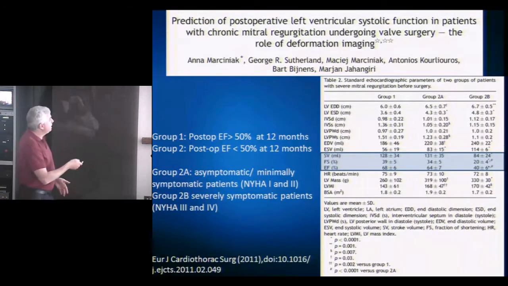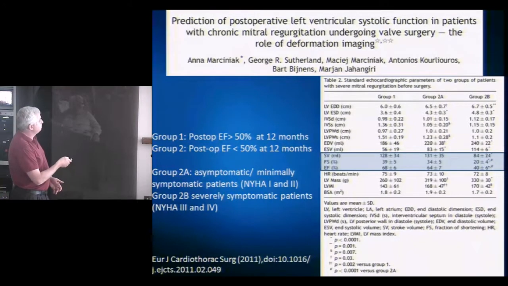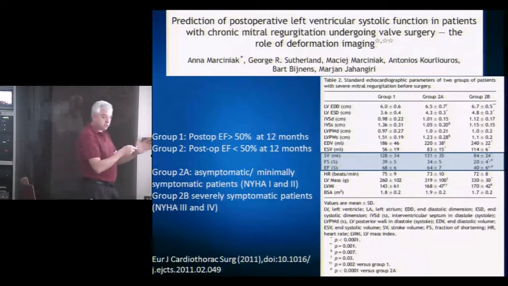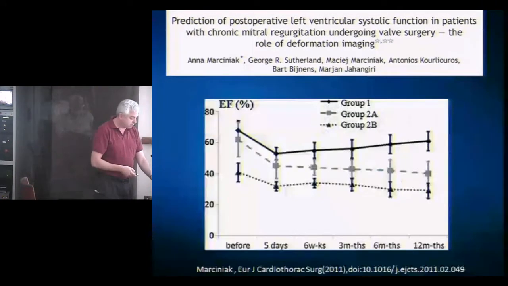So if you look between these two groups, you'll see that group 1, which is defined by the ejection fraction, are minimally symptomatic before surgery, have a good EF. Group 2B have a reduced EF. Those are obvious who has to go to surgery. But group 2A has a normal EF. So it's very difficult to differentiate between those patients and see who needs to go to surgery.